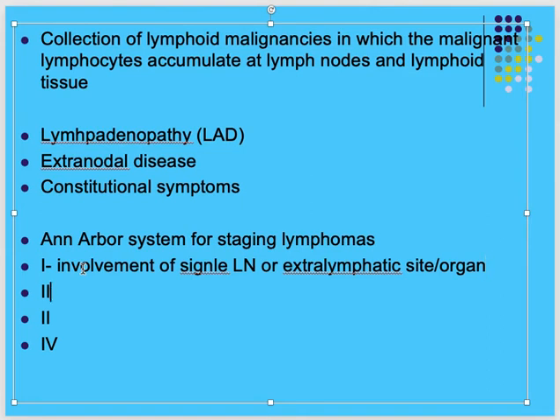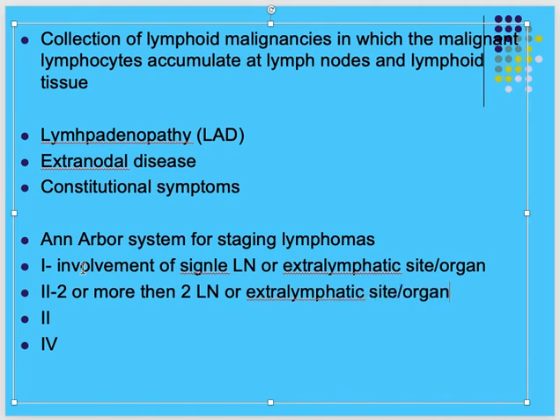Stage 2 is two or more lymph nodes, or extralymphatic sites or organs, and that is called stage 2, and they should be on the same side of the diaphragm.